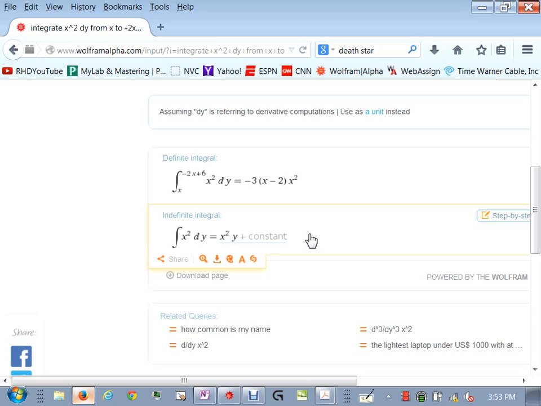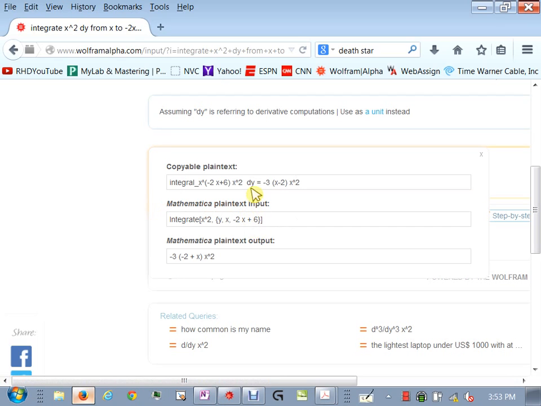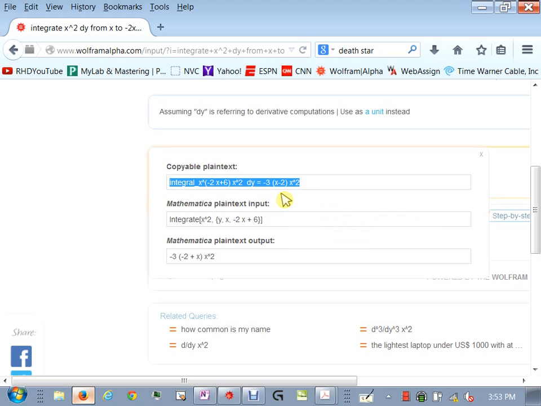Right, because we integrate with respect to y first. And then from there, we take that and integrate that. See if it'll let me grab this. Copy plain text. Okay, yeah, good. I can copy this here. Maybe it won't let me just copy that.